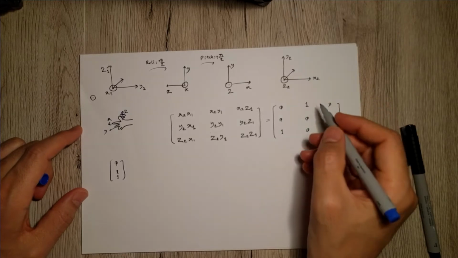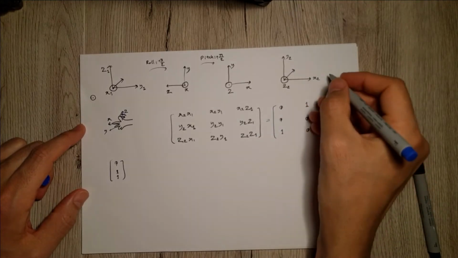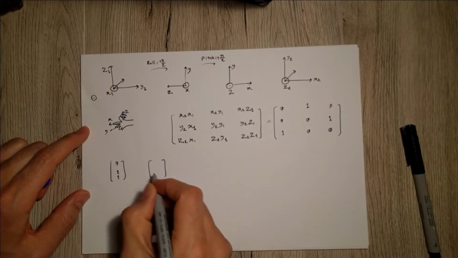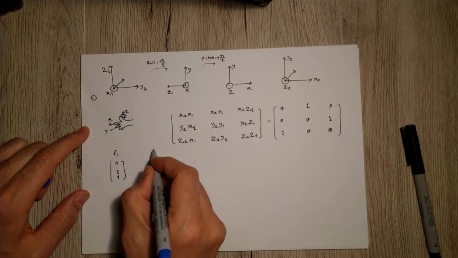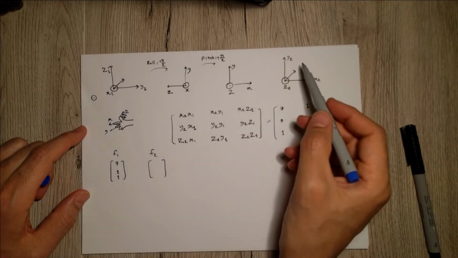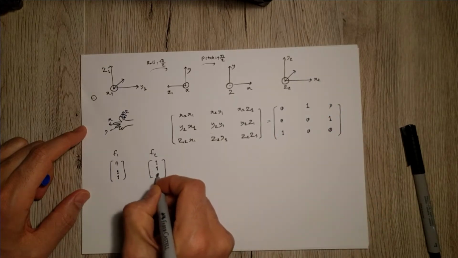The pose of this vector in this frame is, I'll write it down here, F1, F2. I have x and y, I don't have any z, so it's going to be 1, 1, 0.